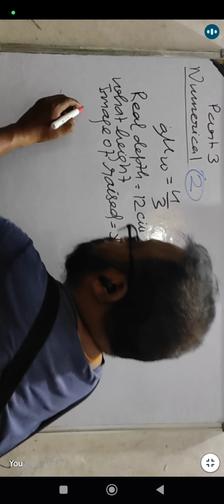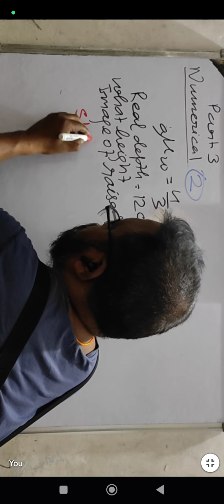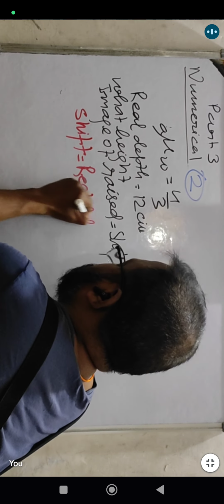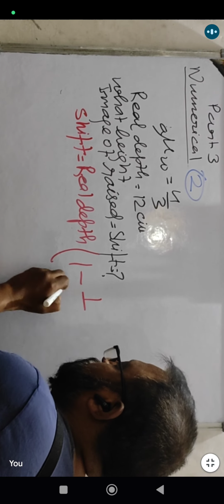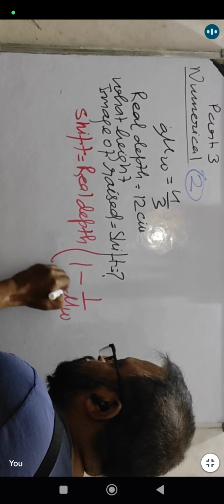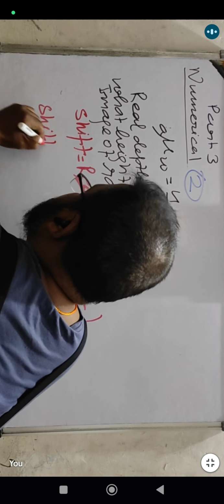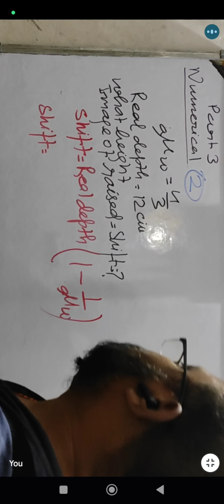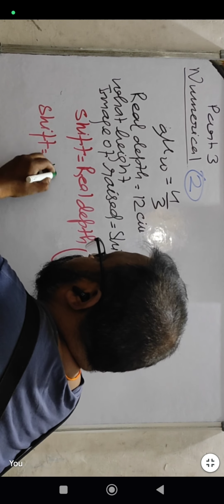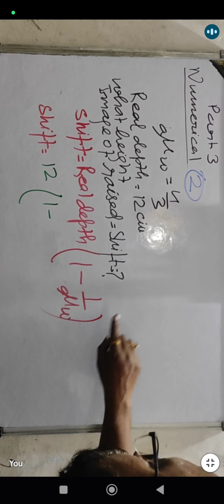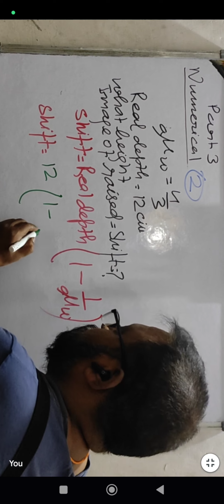So now as I told you, shift is equal to real depth bracket 1 minus 1 upon refractive index of water with reference to air, right? So shift is equal to real depth 12 bracket 1 minus, this 4 by 3 turns to 3 by 4, right?